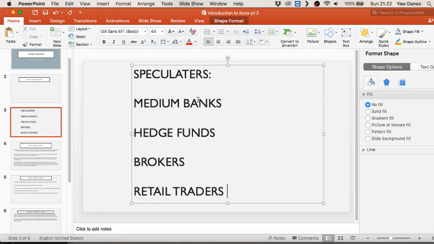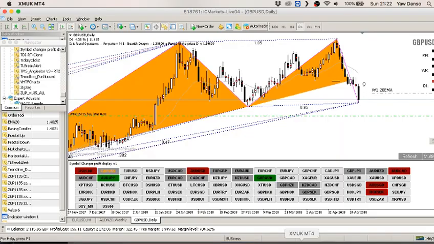So then they will be the ones that will make most of the money, because they know ahead of time. Okay, so when they know, if I show you this pair, if they know that price is going to drop from where my mouse is, all the way down here, they will know in advance, and they will make money coming down.